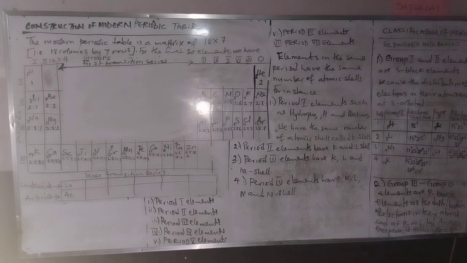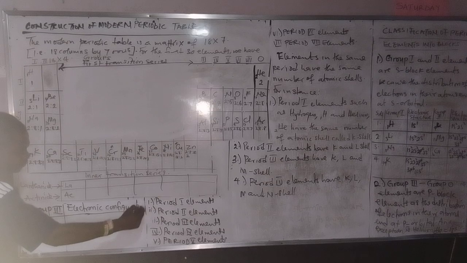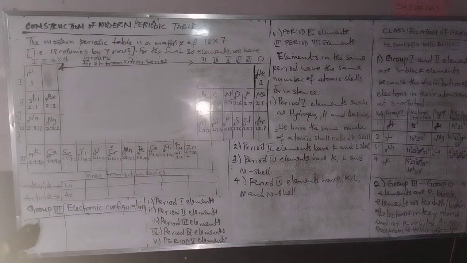Let's first of all check for group 3, and look at the electronic configuration. In group 3 here I have boron and aluminium. Boron 5 and aluminium 13. Let's check. 5 is 1s2, 2s2, then 2p1.